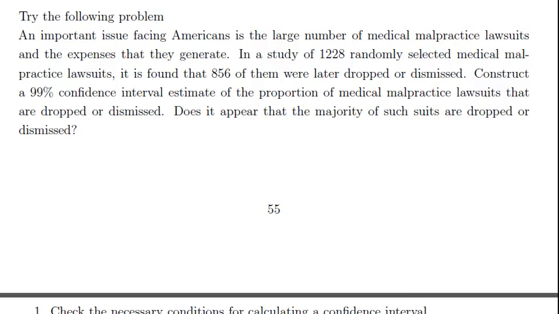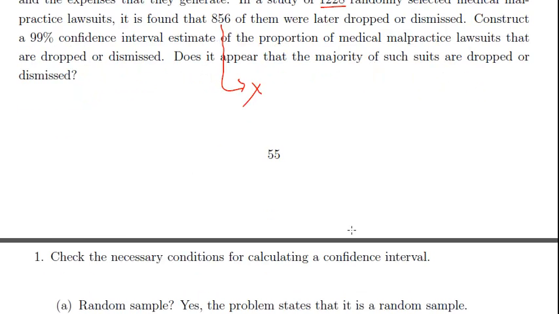We are given n. This is n right here. And then we are also given x, the number of lawsuits. And then we want to construct a 99% confidence interval for the proportion of medical malpractice suits that are dropped or dismissed. And then the follow-up question.